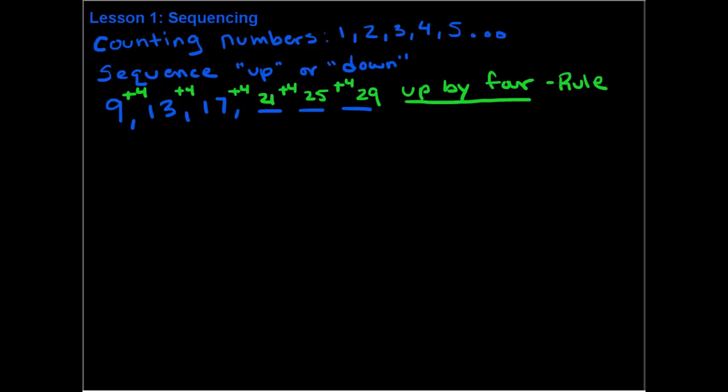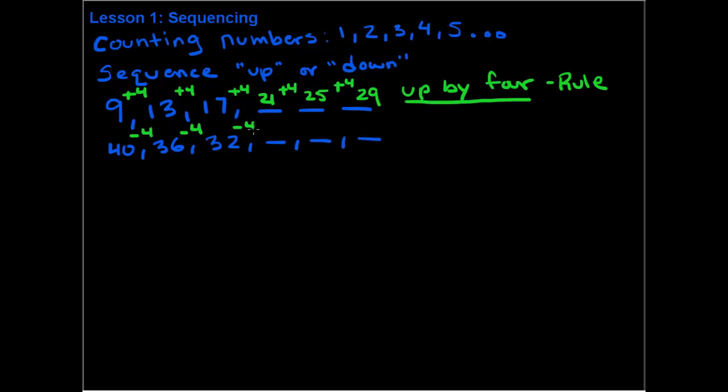Let's take a look at another sequence and see if we can determine the rule in this one. I could start with the number 40, 36, 32, and determine what my sequence is. If we start with 40 down to 36, we know that's minus 4. 36 minus 4 is 32.